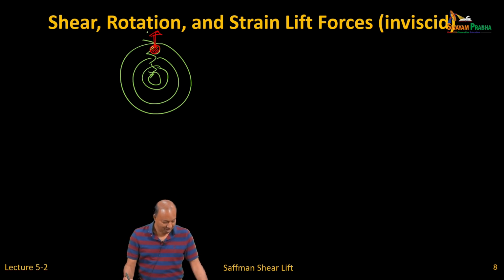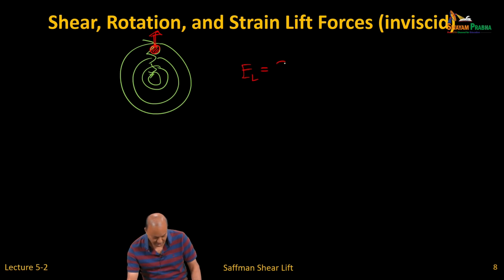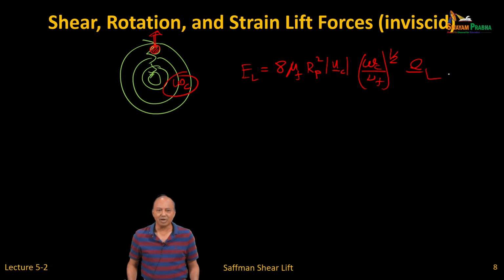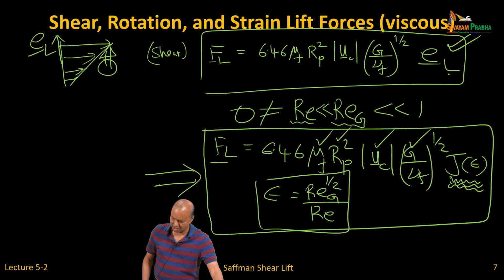So for example, the vortex induced lift force is roughly the same formula, but the devil is in the details. Here the vorticity in this flow, let's say is omega c. When you look at it, this looks exactly the same as what I wrote in the previous.